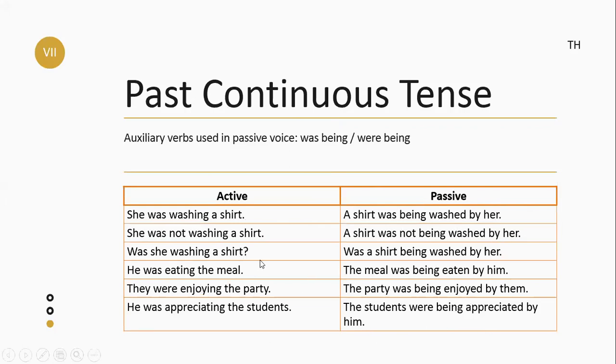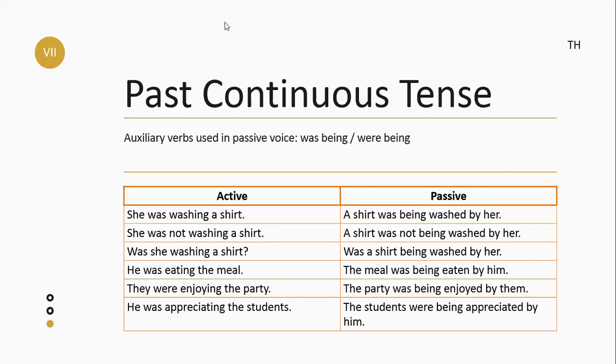Was she washing a shirt? Was a shirt being washed by her? Right? So we can ask a question like this one as well. Okay.